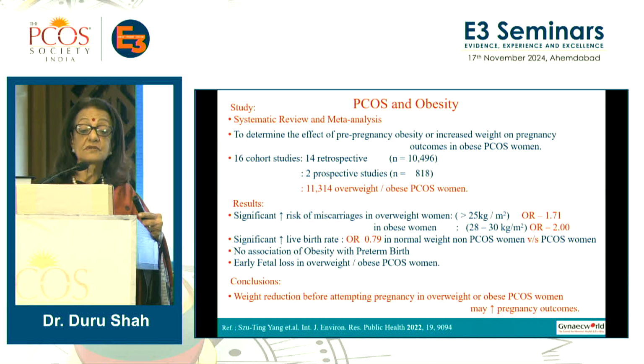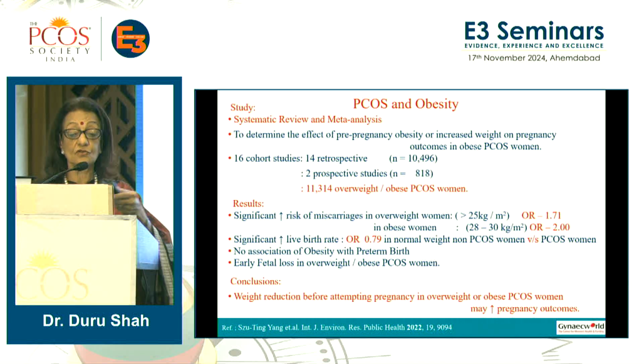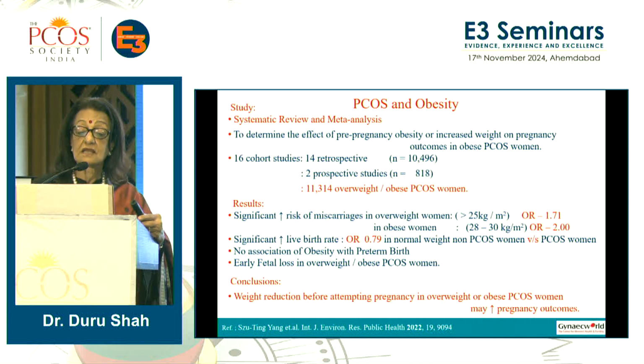Now coming to obesity, I think everyone knows a lot about it. The conclusion of this particular study, in which a total of 11,314 overweight and obese women were checked, was that weight reduction before attempting pregnancy in overweight or obese PCOS women may improve pregnancy outcomes.